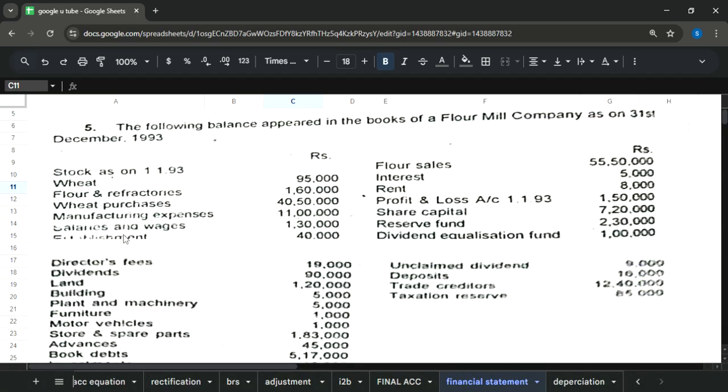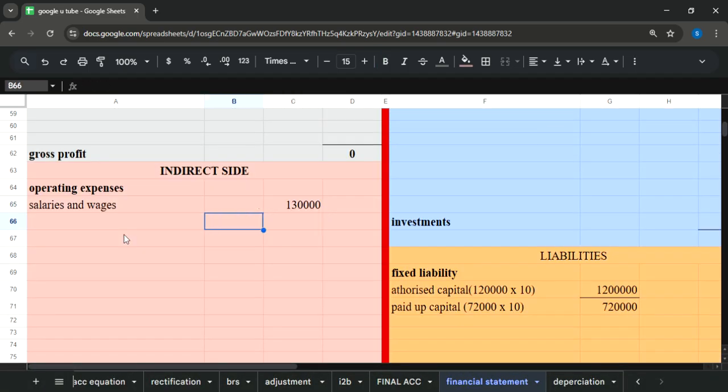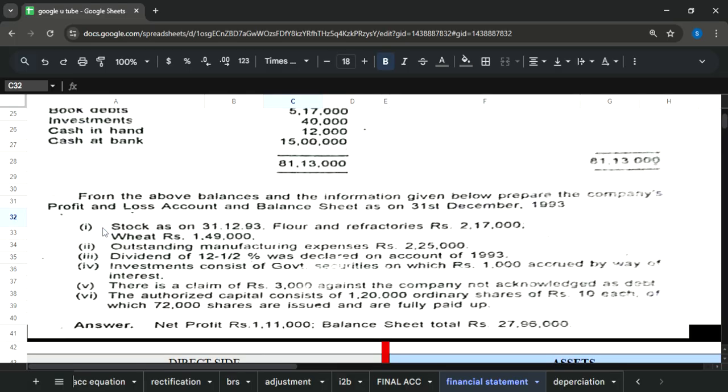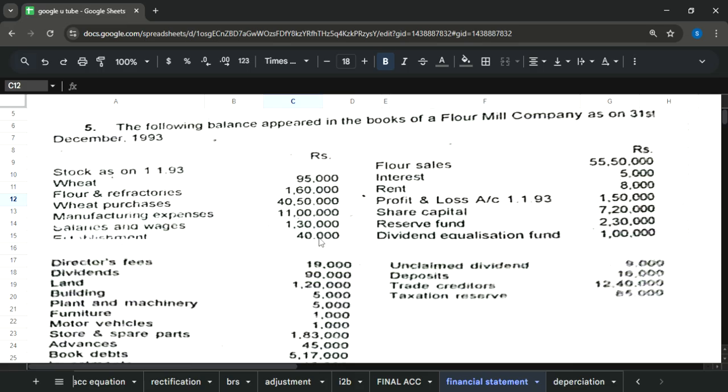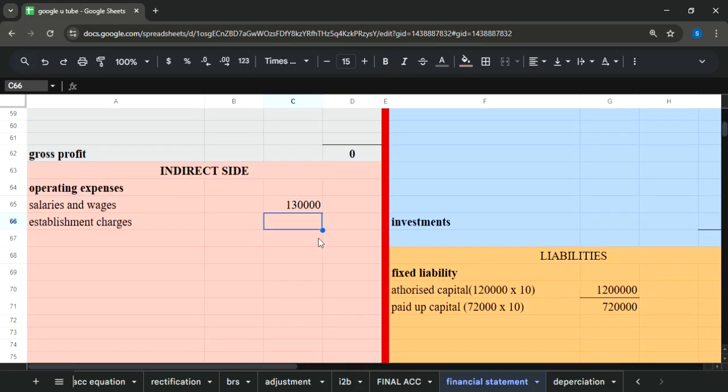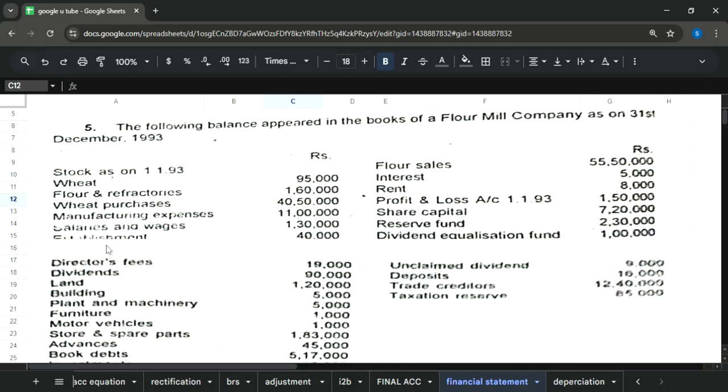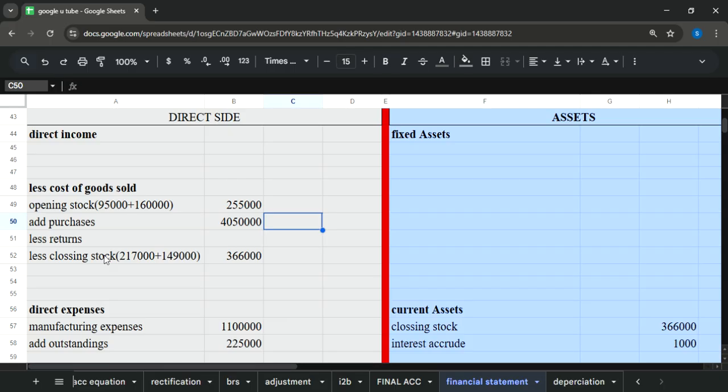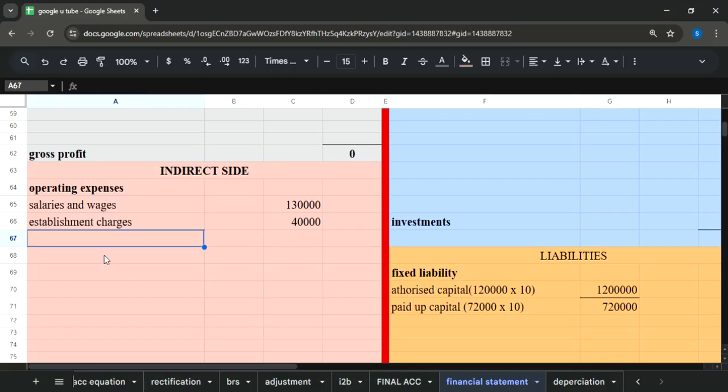After salaries we have establishment charges, again operating expenses. So here establishment charges, these are management charges, so that is why we are writing in operating expenses. Establishment charges 40,000, mention amount in front of it. After establishment we have director fee, again it's an operating expense, director fee.